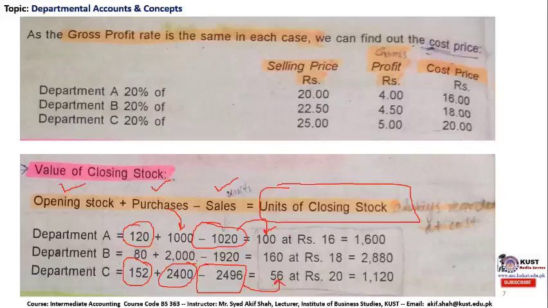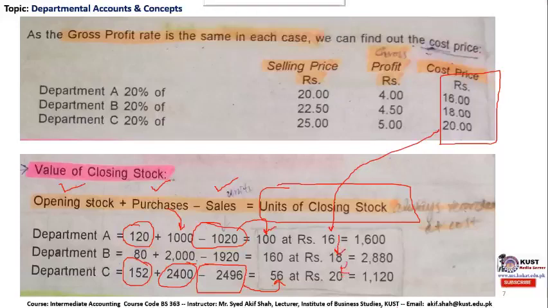Once again, the per unit cost has already been calculated with the help of gross profit margin. For each department, it is 16 for Department A, 18 per unit for Department B, and 20 for Department C. So this is the way we have calculated the ending inventories or closing stock in terms of rupees.